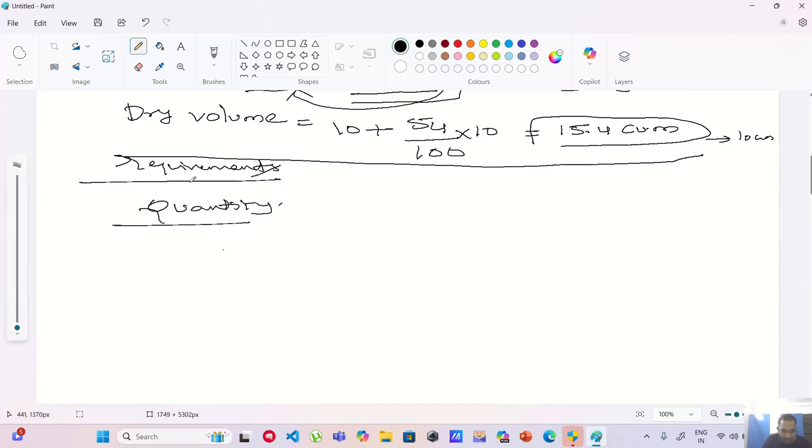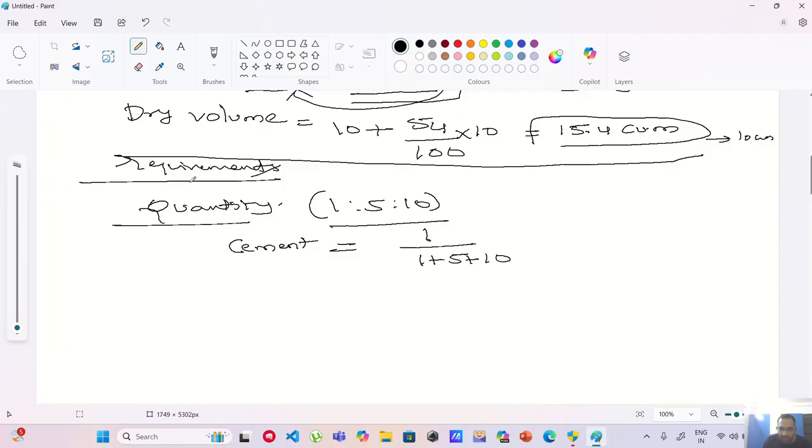First, cement. The proportion I am writing is 1:5:10. Cement is equal to 1 divided by the sum of this proportion, 1 plus 5 plus 10, for which quantity we are taking 15.4 cubic meter.